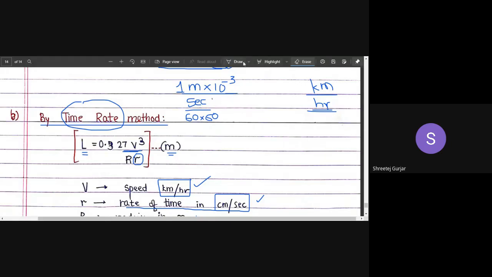So calculate and tell me what is the final answer now. You can tell me in a ratio or in a decimal value.